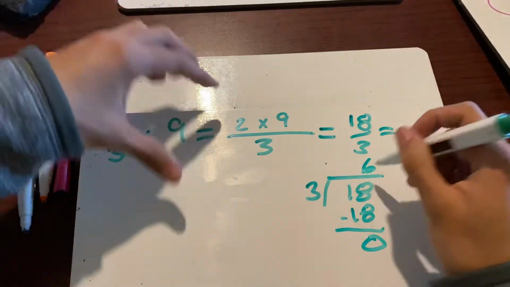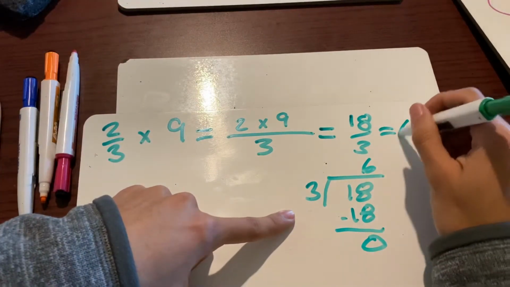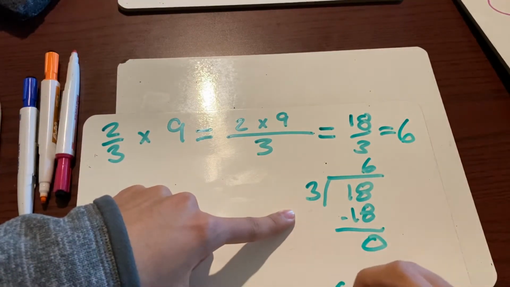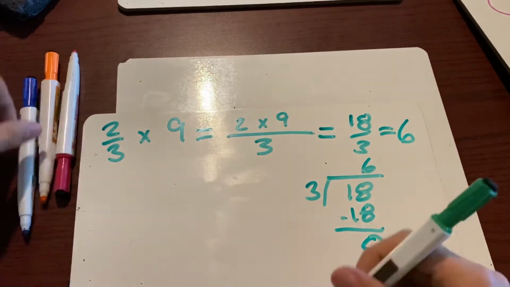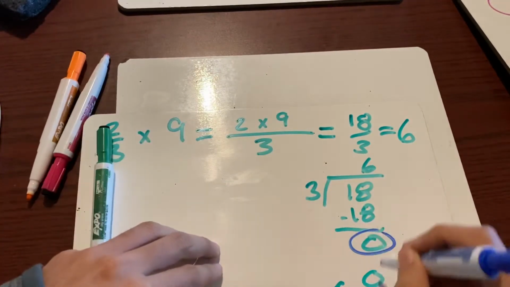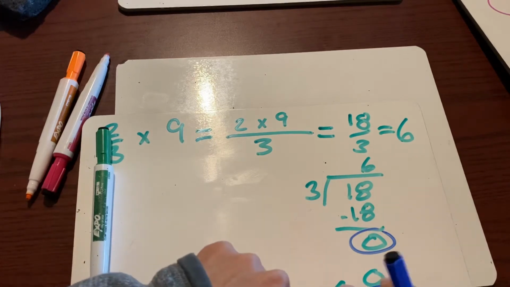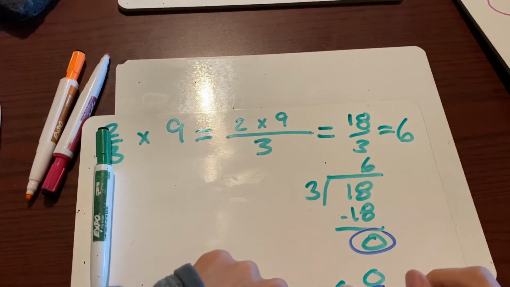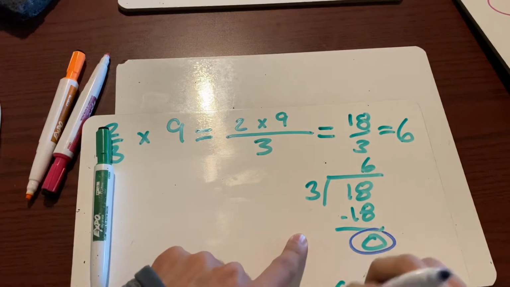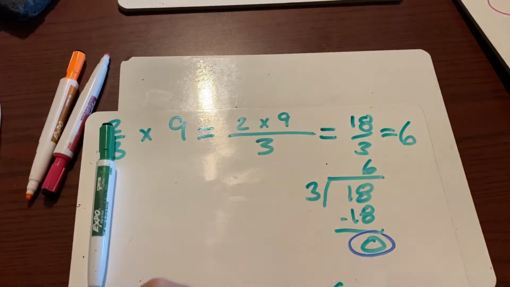So now our answer is 6, right? The whole numerator is 0 and our denominator is 3. We could leave it like that. But this whole fraction is going to be 0 anyways. So if it's a 0, you don't have to write it. So our answer is 6.